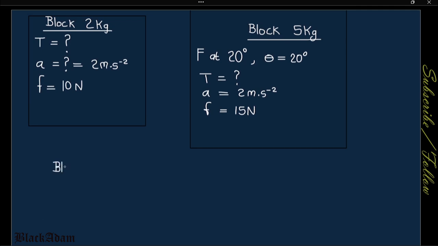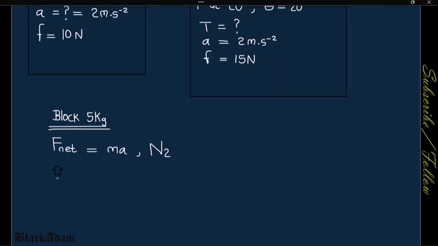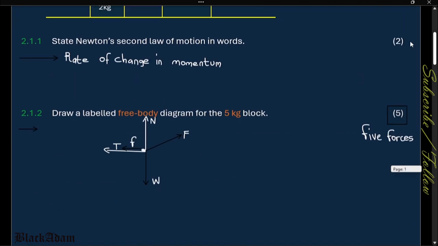Now let's apply Newton's second law on the 5 kg block first. Force net equals ma, that's Newton's second law. Let's identify what our force net is.